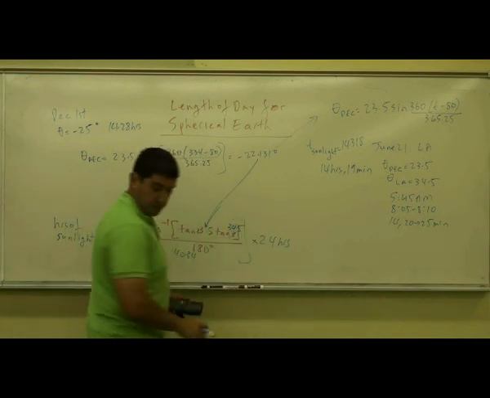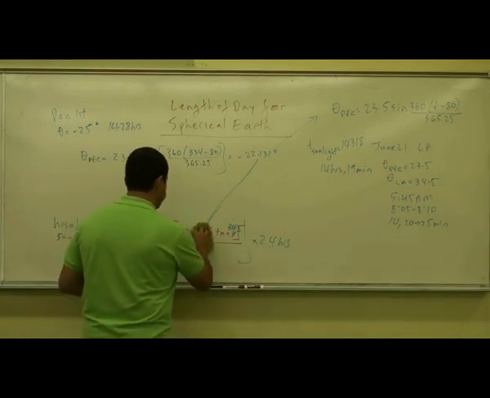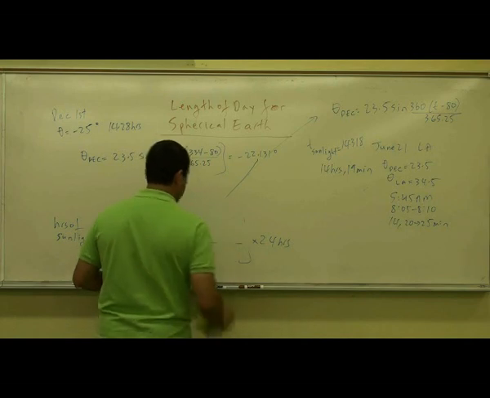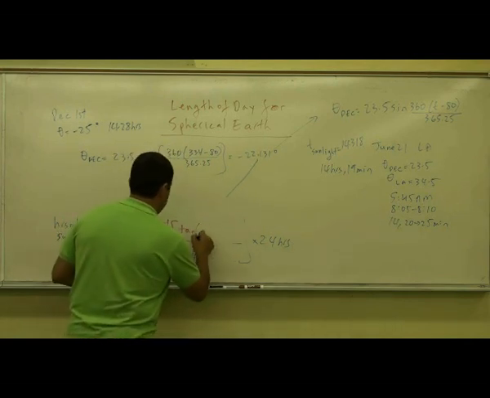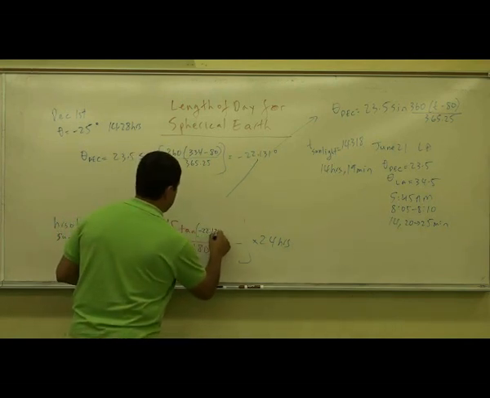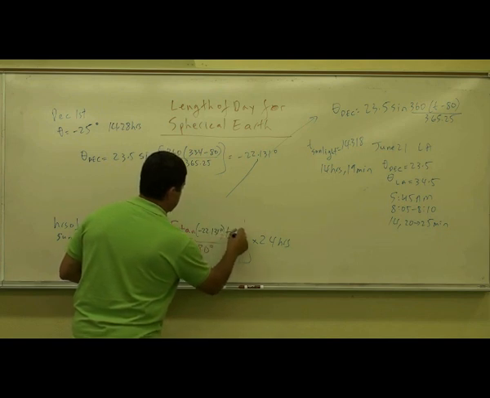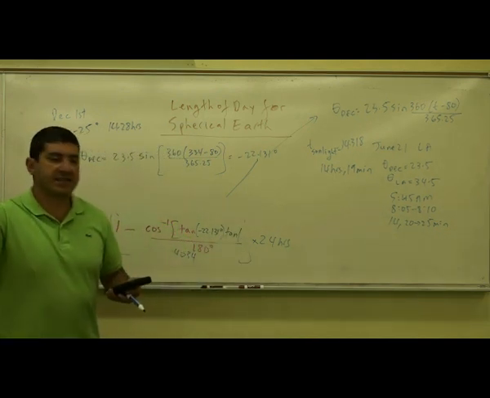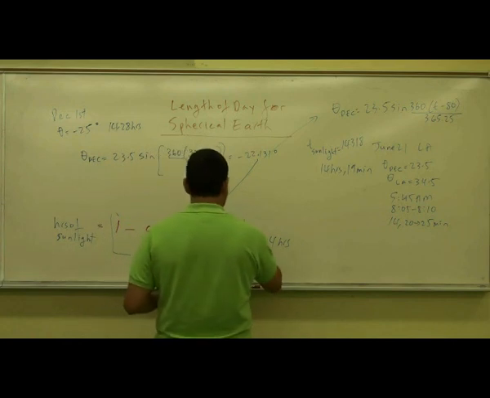And then over here, you're taking tangent of -22.131. Then you're taking tangent of whatever latitude that city is, which we had said was -25.